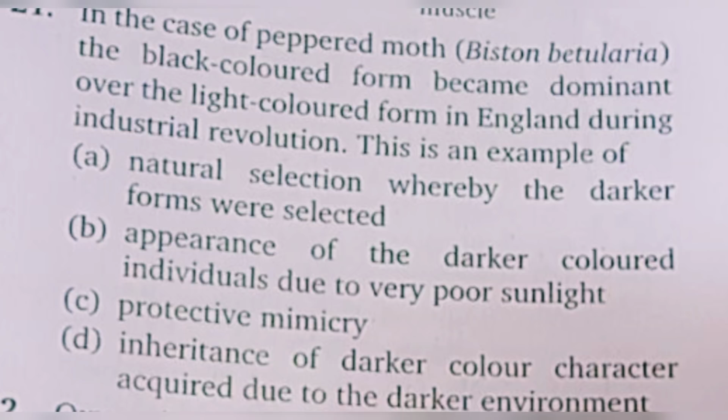And the options are natural selection, whereby the darker forms were selected; appearance of the darker colored individuals due to very poor sunlight; protective mimicry; inheritance of darker color character acquired due to darker environment. And the right one is option number A, natural selection, whereby the darker forms were selected.